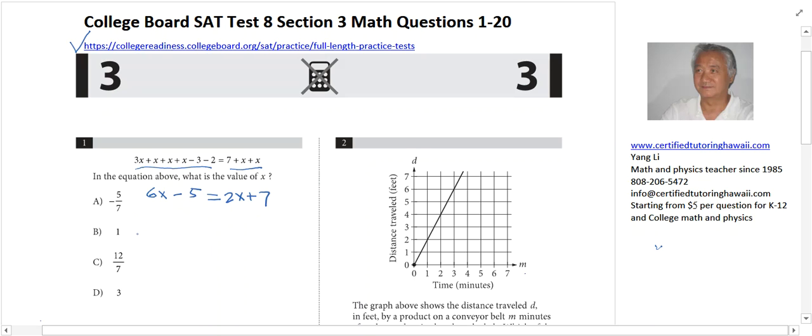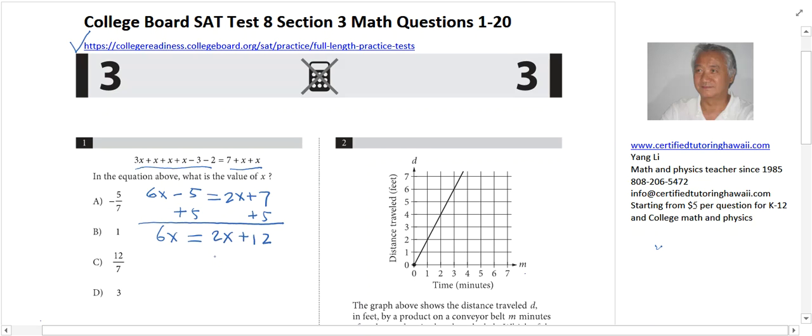After you simplify both sides of the equation, you need to do transfer. I try to move the numbers to the right side, so to stay balanced, you add 5 on both sides. After that, you get 6x equals 2x plus 12.